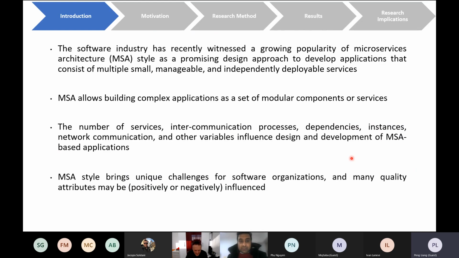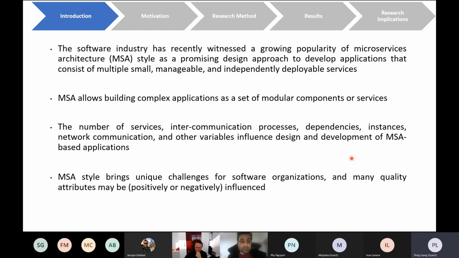Recently, the software industry has witnessed a growing popularity of microservices. The architecture style is a promising design approach to develop applications that consist of multiple small, manageable, and independently deployed services. Microservices architecture allows building a complex application as a set of modular components or services.